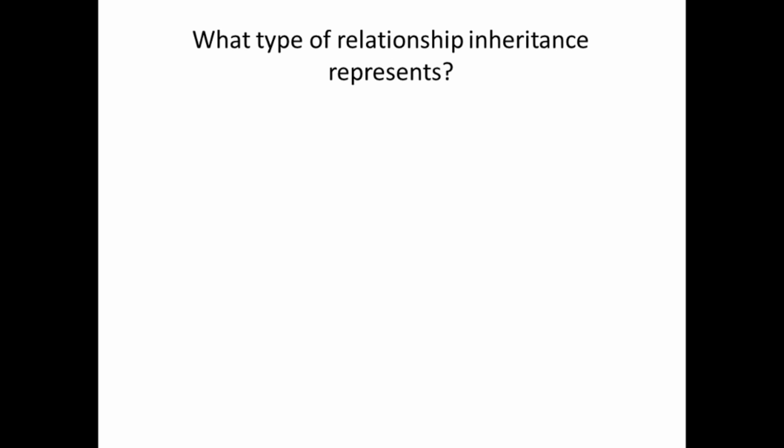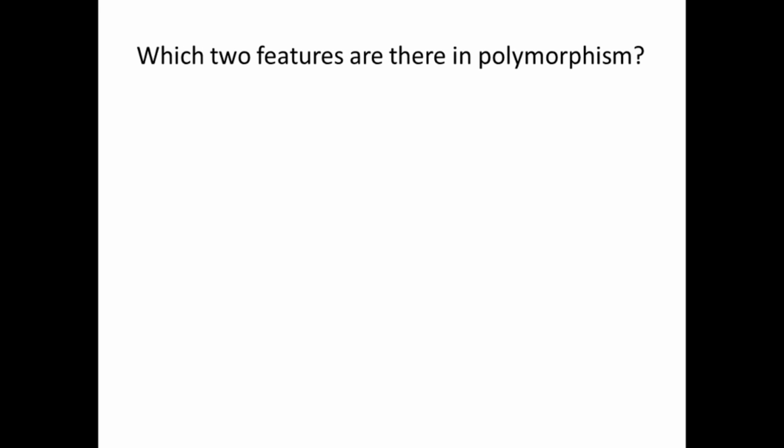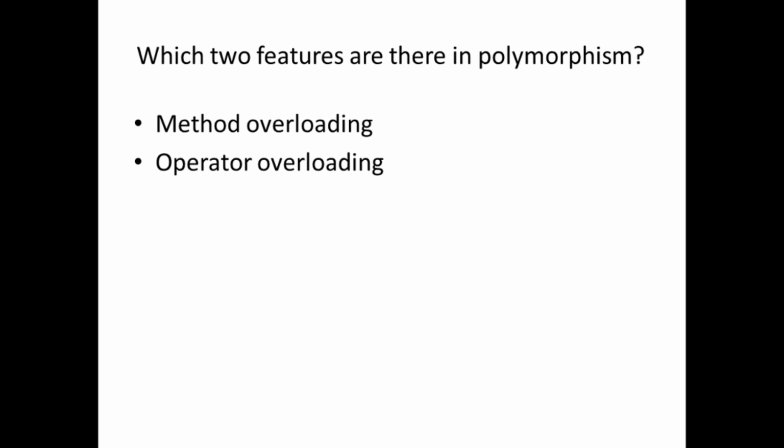What type of relationship inheritance represents? It is a kind of relationship. Which two features are there in polymorphism? They are method overloading and operator overloading.